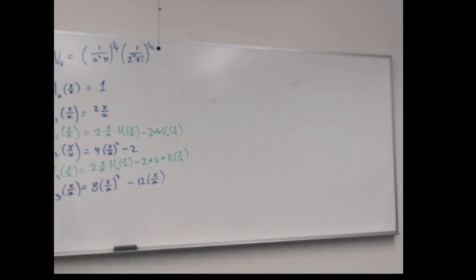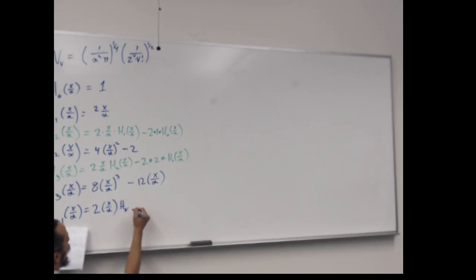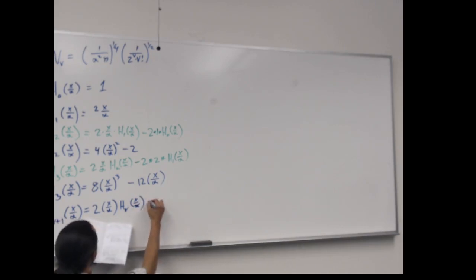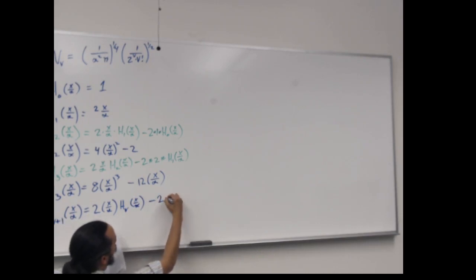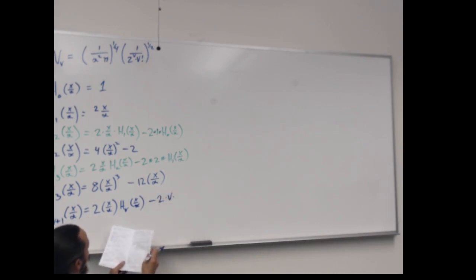There's a generic equation we can use, which is on the equation sheet. That is H of v plus 1, the next answer up. If I wanted to find H4, that would be H of 3 plus 1. That would be equal to the answer before, which would be H of v, minus the answer that's 2 above it.